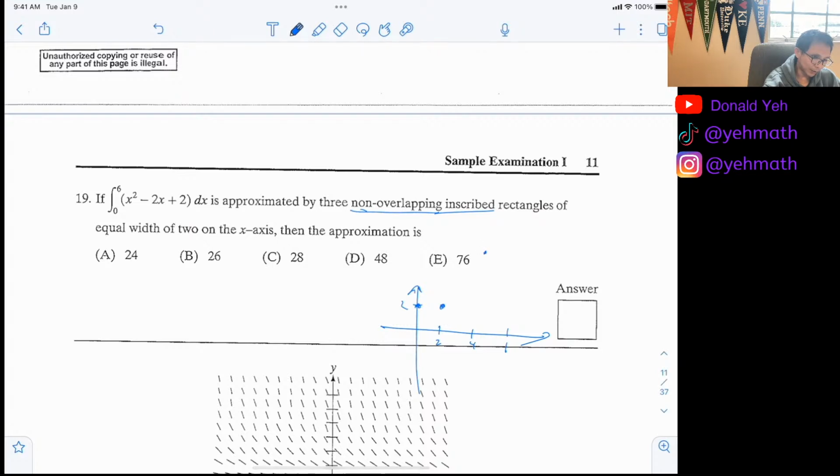So we're going to say 10 here. And 6 is 36 minus 12 plus 2, which is 26.